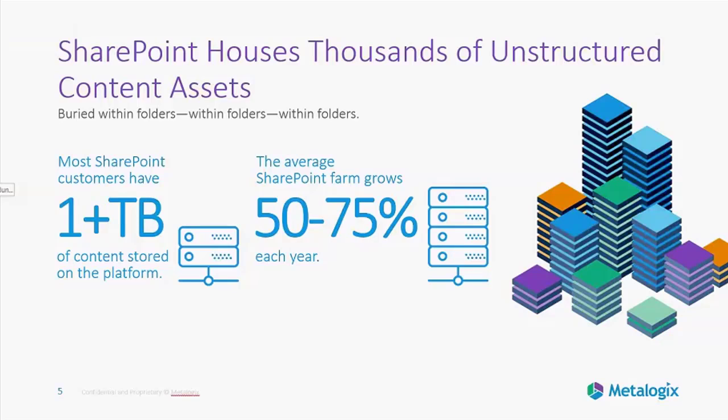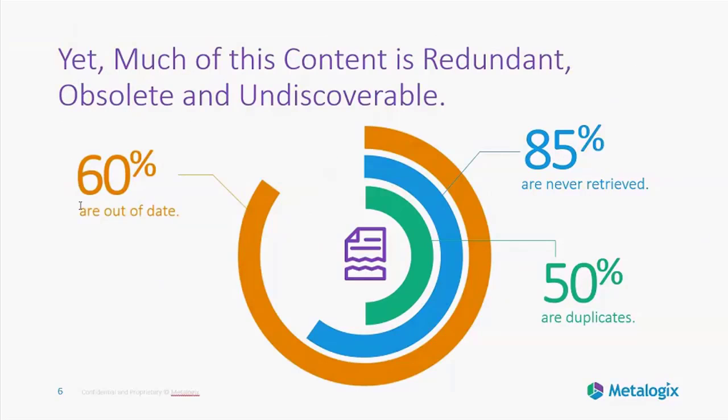But strangely enough, all of that content is not all good content. In fact, a large percentage of it is kind of crazy. 60% of it's out of date. 85% never gets touched, never gets retrieved or used after the author actually creates it.